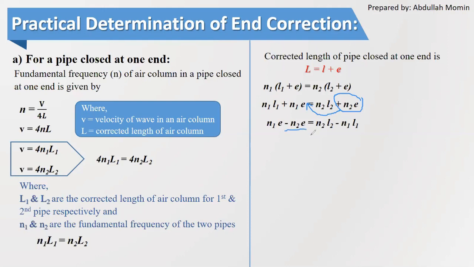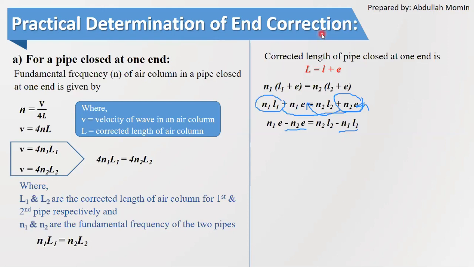And this plus N1 L1 goes to the other side of the equal sign and it becomes minus N1 L1. So now we will get N1E as it is, N2E comes to this side and becomes minus N2E, equal to N2L2 as it is, and from this side plus N1 L1 goes to the other side, and becomes minus N1 L1.